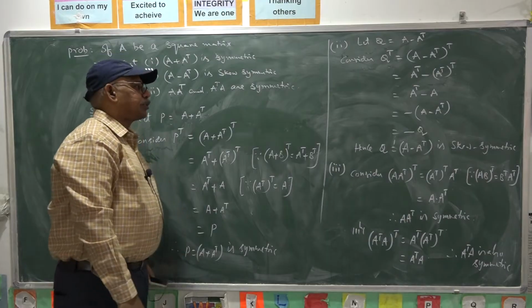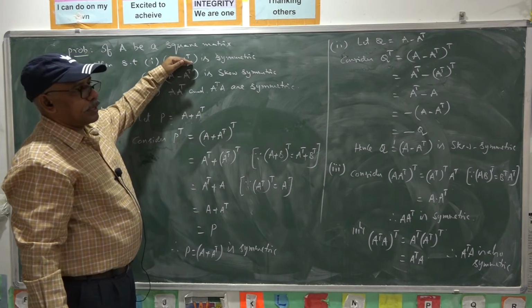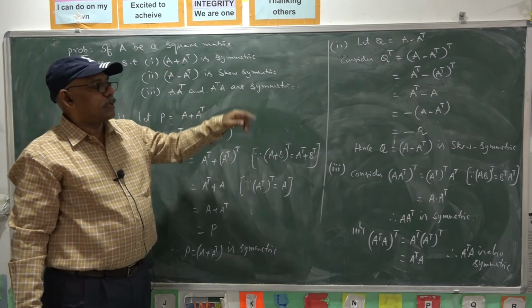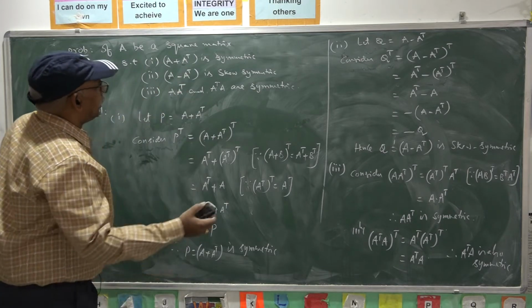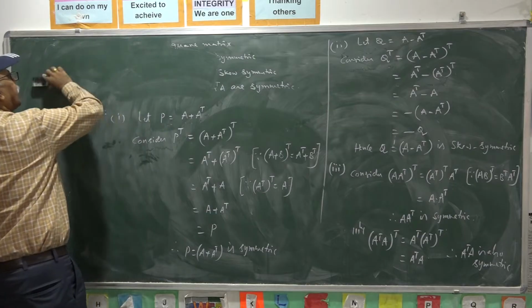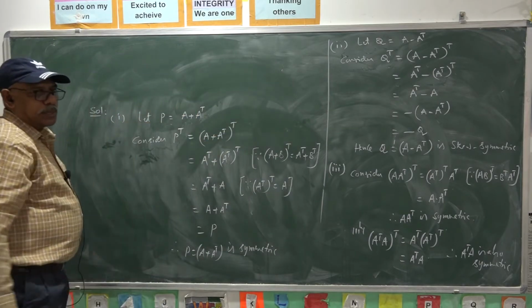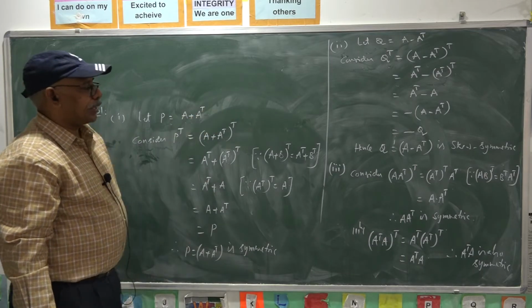Once the transpose of any matrix is itself, then it is called symmetric. Once the transpose of the square matrix is minus of that matrix, then it is skew symmetric. So, based on the definition of symmetric and skew symmetric, once A is a square matrix, you can conclude that A plus A transpose is symmetric, A minus A transpose is skew symmetric.